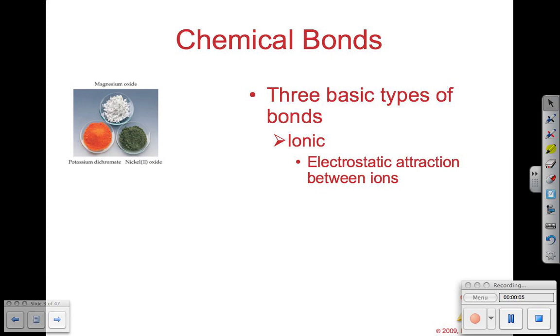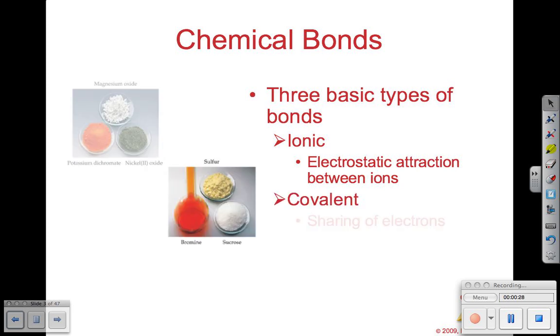Okay, so we are getting into chapter 8, which gets into types of chemical bonding. We will be looking at three basic types of bonding. The first type is ionic bonding, which you're probably most familiar with, which is the electrostatic attraction of different ions to one another.